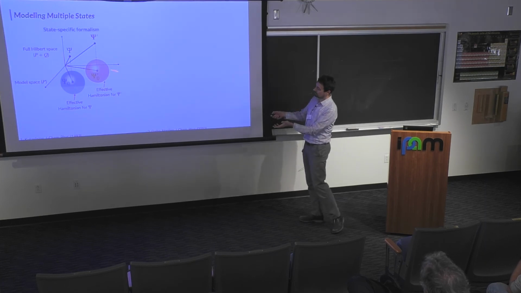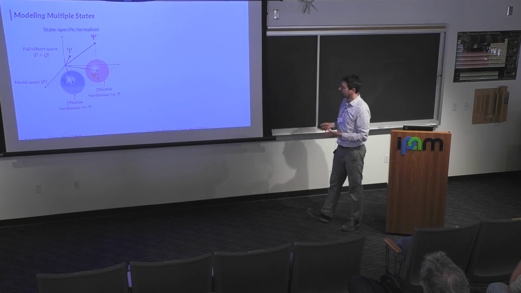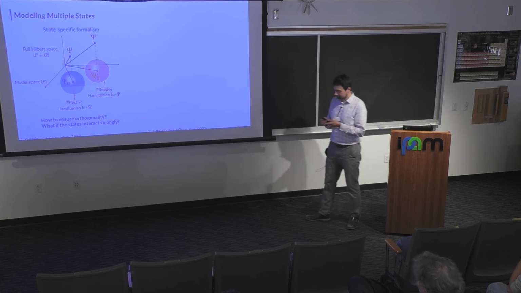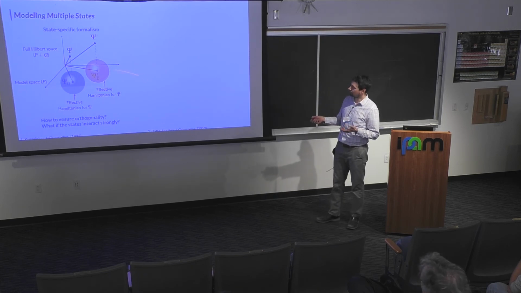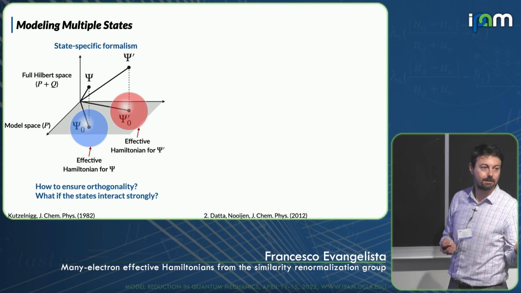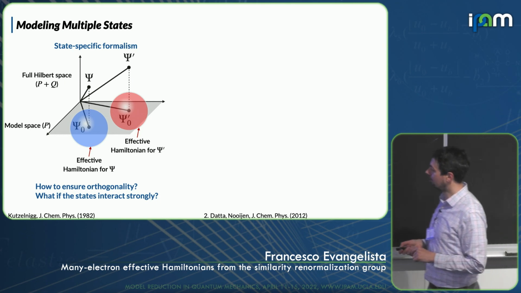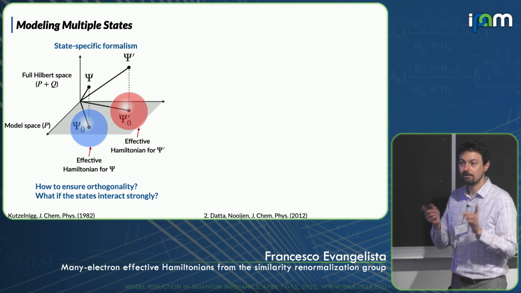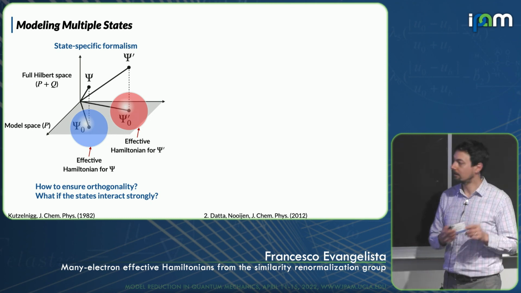I can create two effective Hamiltonians. Well, this is not a general and advisable way to go. First of all, because we can't tell if these states that we're going to produce are orthogonal or not. So they can be slightly overlapping. And this is certainly not a good way if you want to model states that interact strongly.